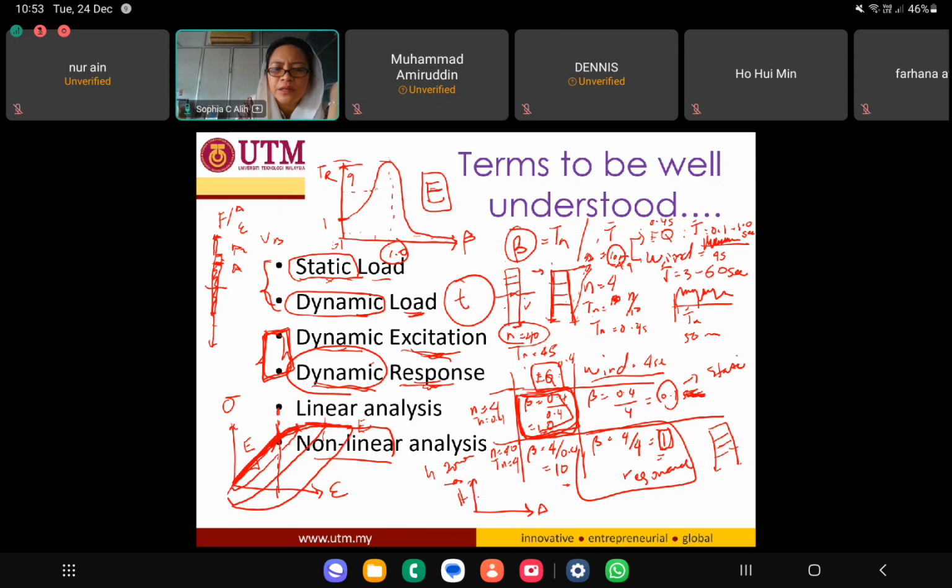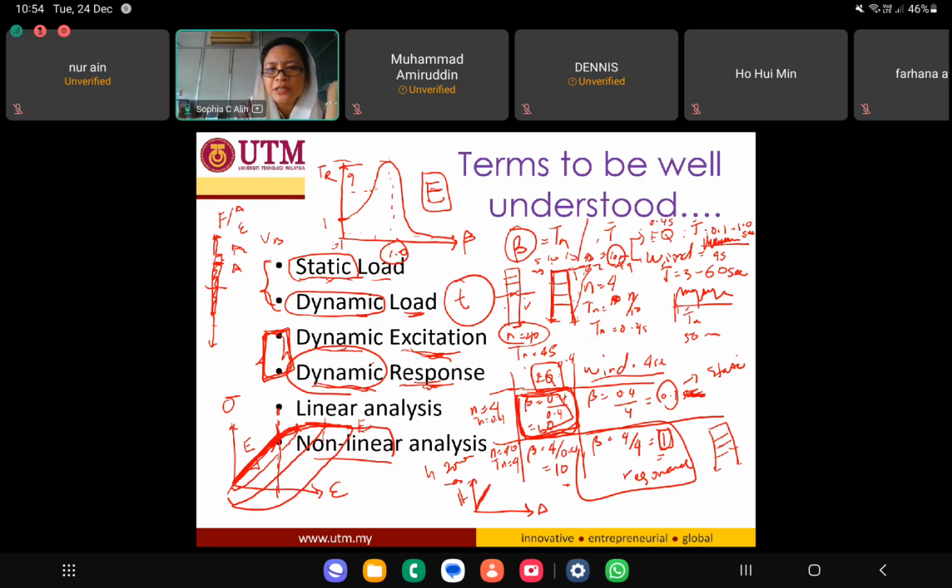If I increase my horizontal load, for example 5, I have displacement 1. I increase to 10, displacement 2. I increase to 15, displacement 3. And I plot it. I release it, my structure comes back, comes back, comes back.